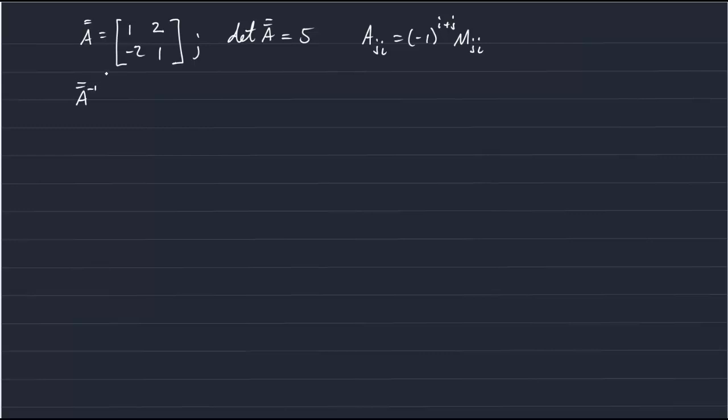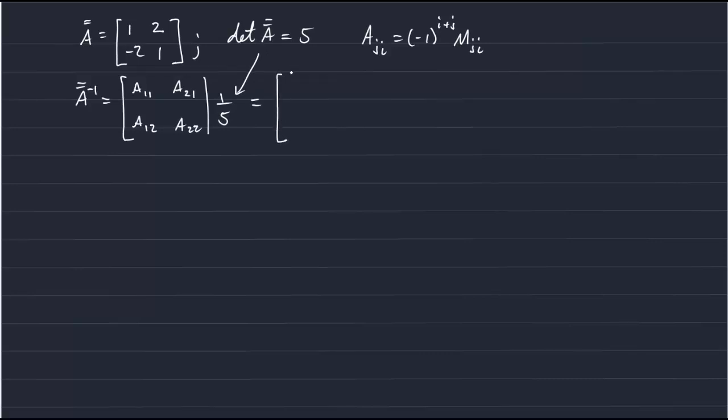And the inverse matrix is equal to the cofactor 1 1, cofactor 2 1, cofactor 1 2, cofactor 2 2, all over 5 in this case, which is the determinant.